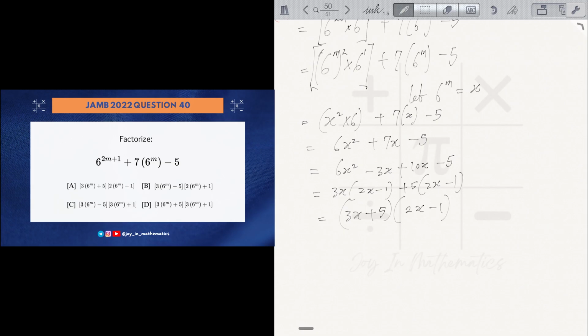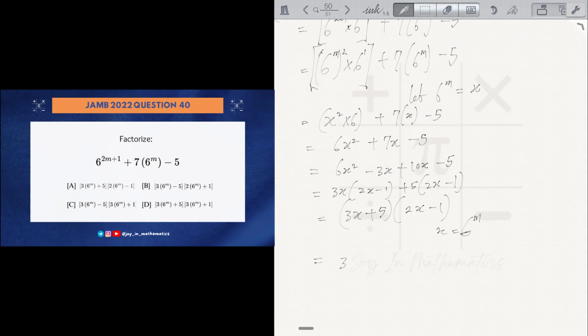Now what's next to do? If you look at the options, we'll have 3 into 6 raised to the power m plus 5 and 2 into 6 raised to the power m minus 1 and the likes. All they did was to change x back to 6 raised to the power of m. So anywhere they saw x, they replaced it with 6 raised to the power of m.